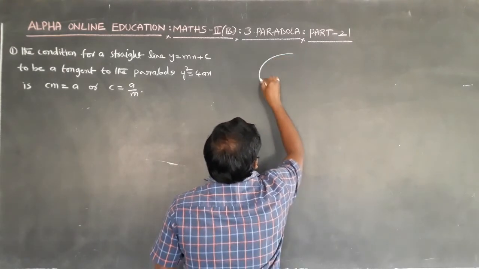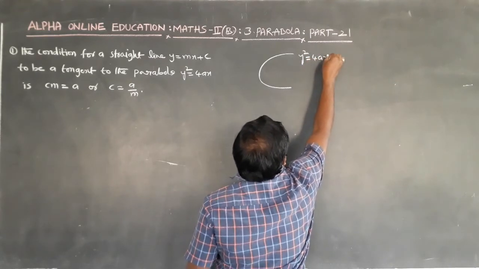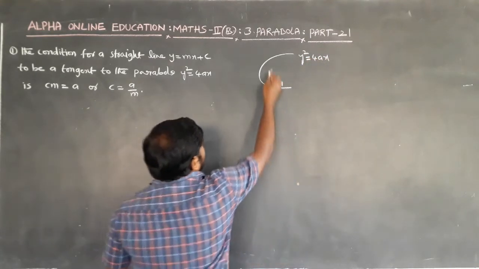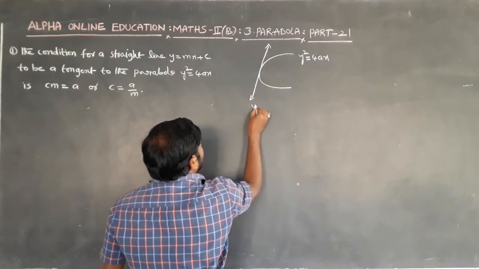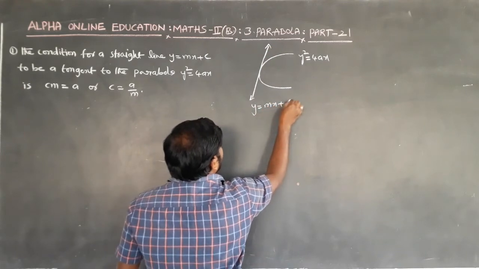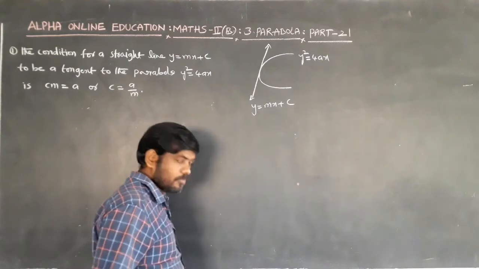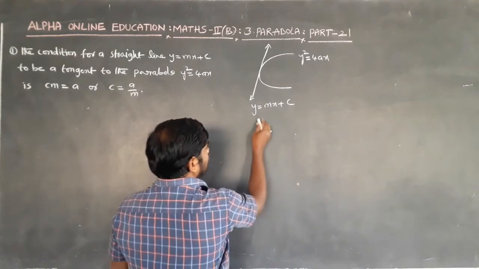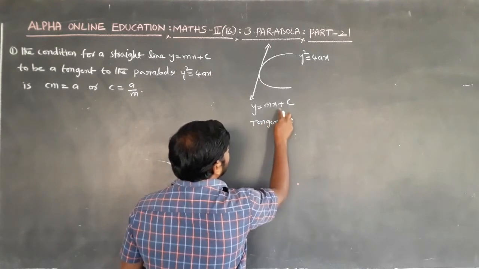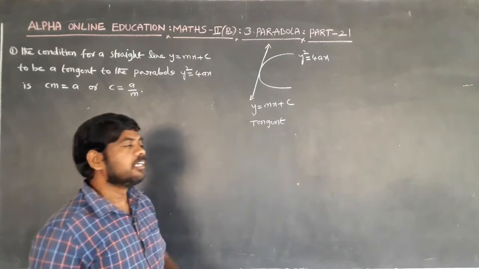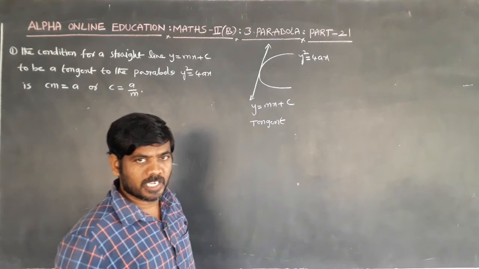This is the equation of the parabola y² = 4ax, and this is the line y = mx + c.